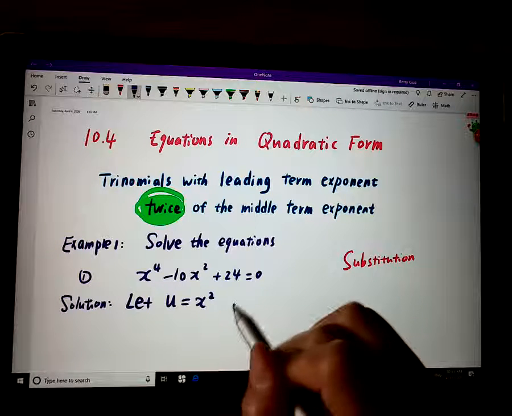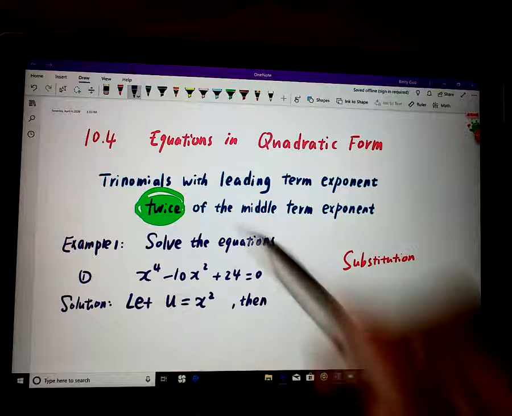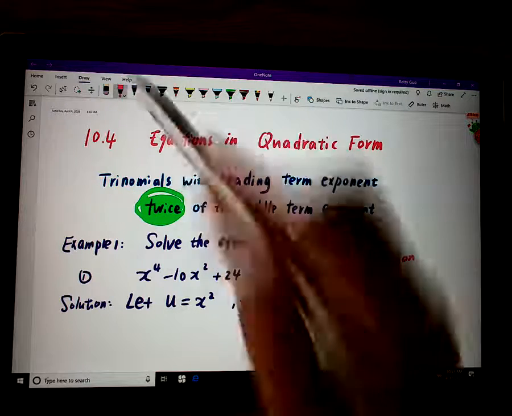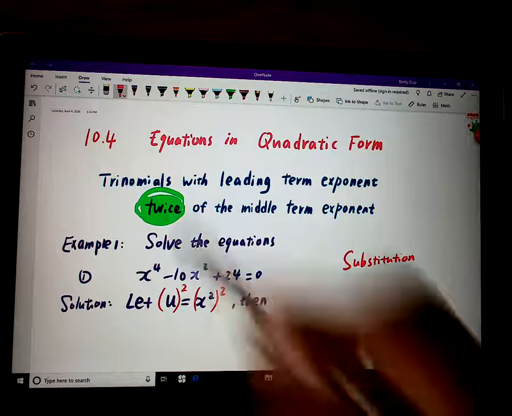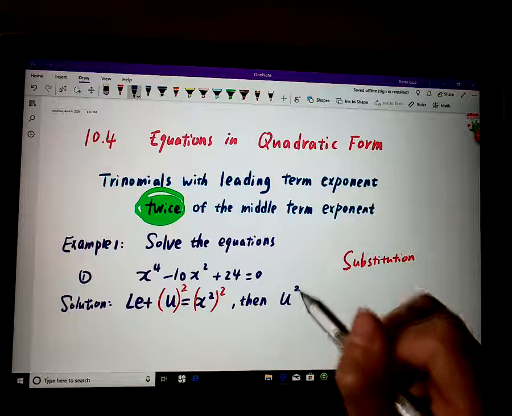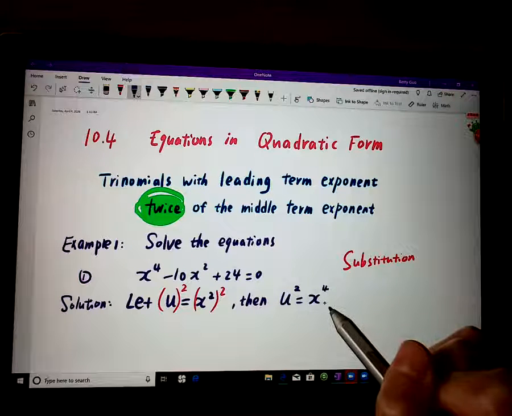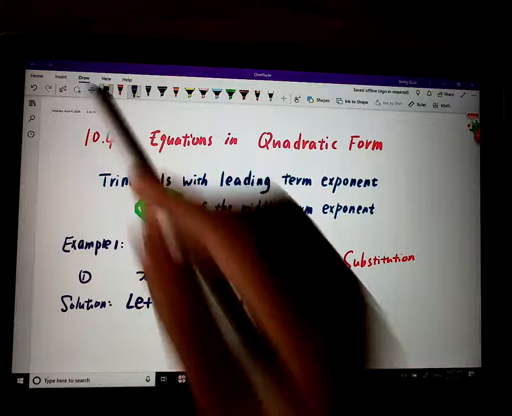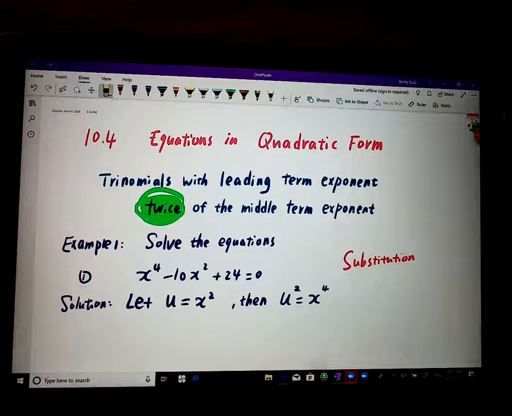And then if I square both sides, what would we have? Then we would have u squared equals x to the power of 4. 2 times 2 equals 4. Is that clear? If we let u be x squared, then u squared would be x to the power of 4.